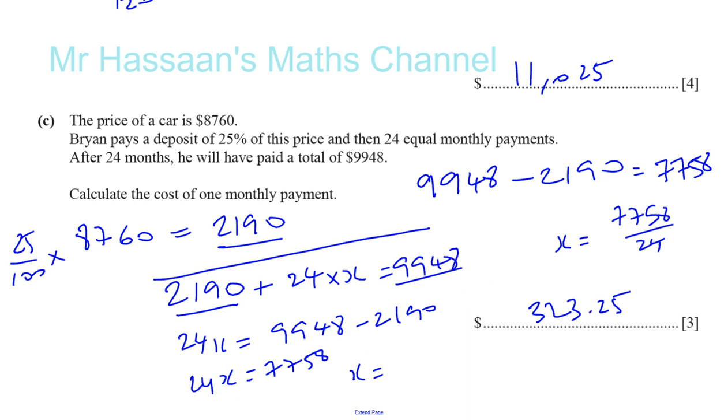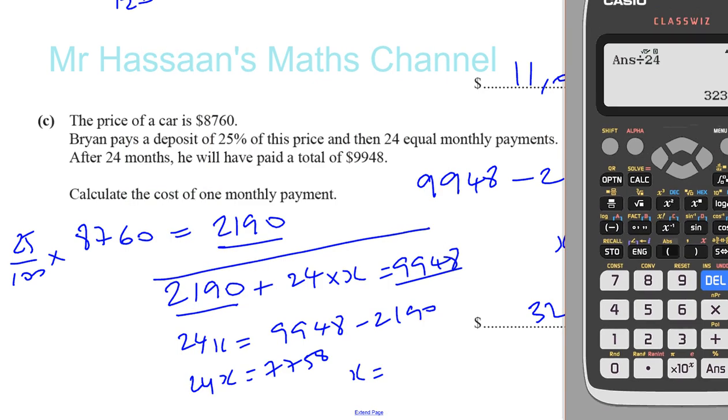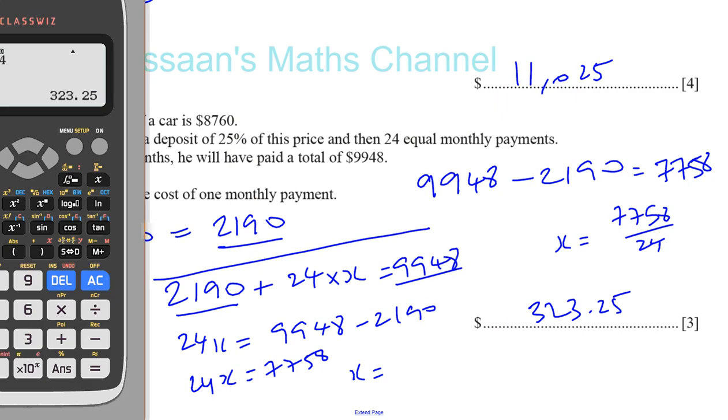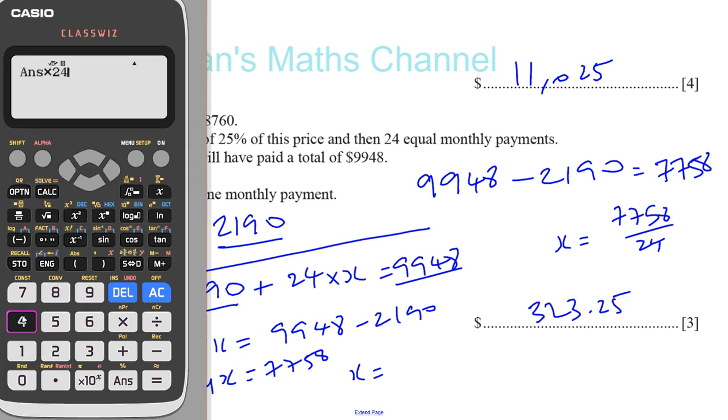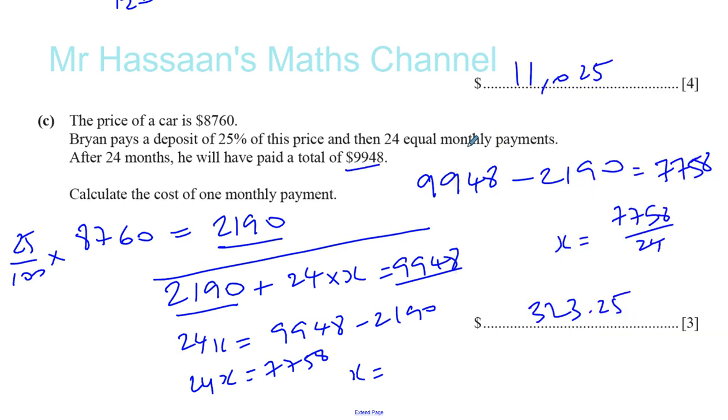We can always check, and it's always a good idea, especially if you have a bit of time, to check: does my answer make sense? If I paid 24 installments of this, so multiplied by 24, and then I add to that the deposit, 2,190, it should give me the total amount he's paid, 9,948.